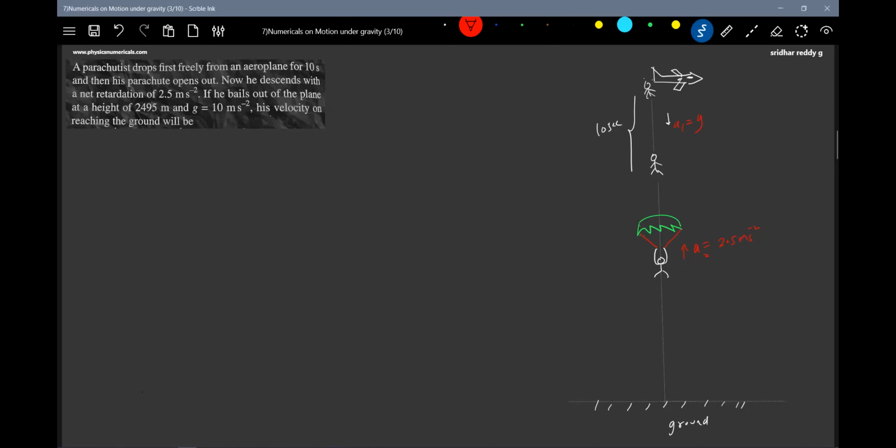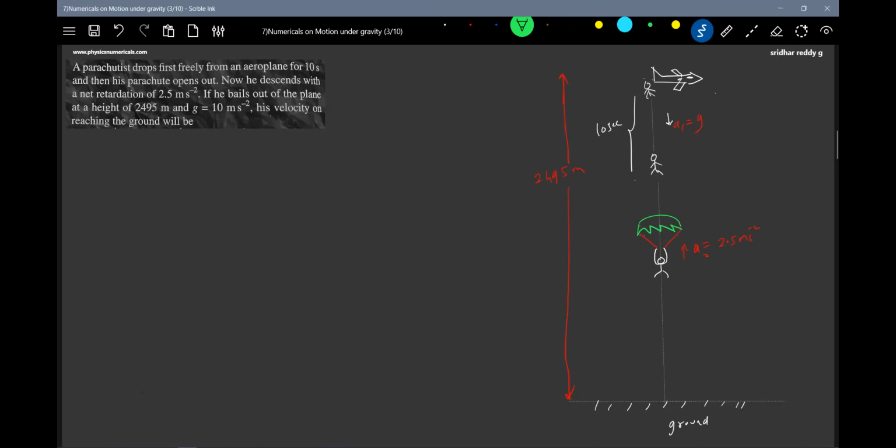If he bails out of the plane at a height, this is the height at which he will bail out. His velocity on reaching the ground will be, from here there'll be retardation.